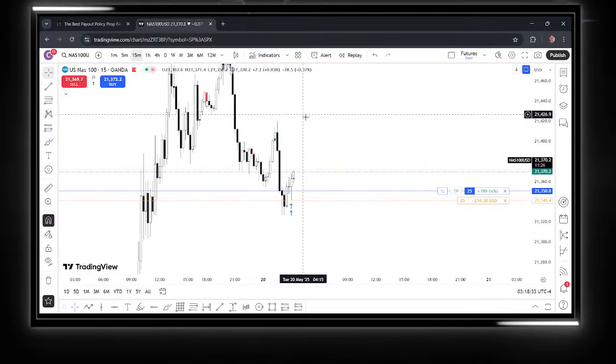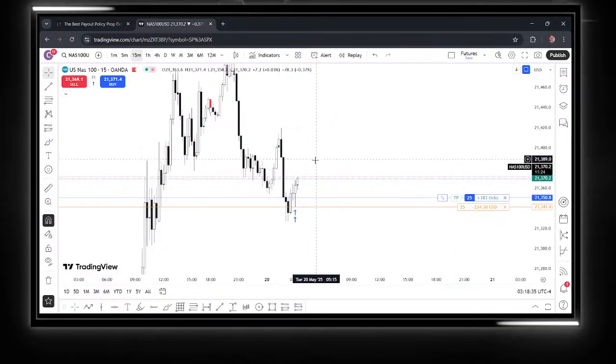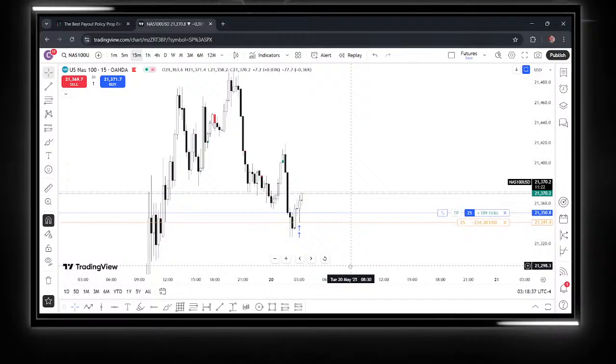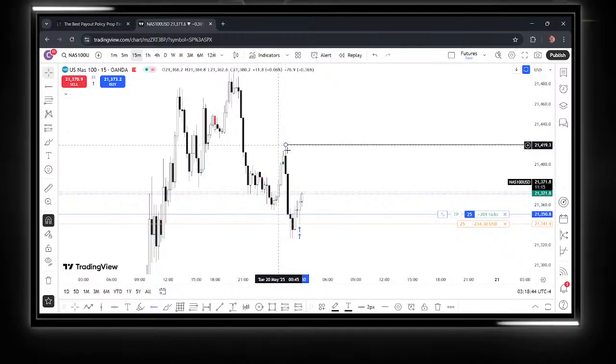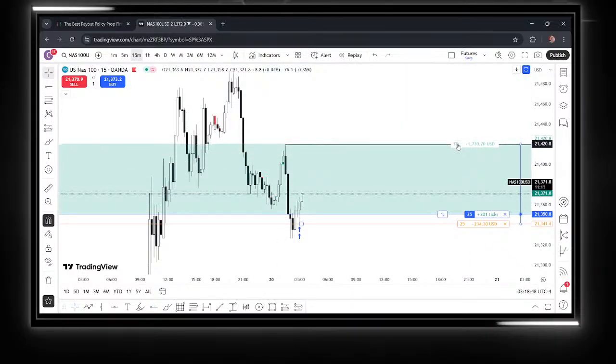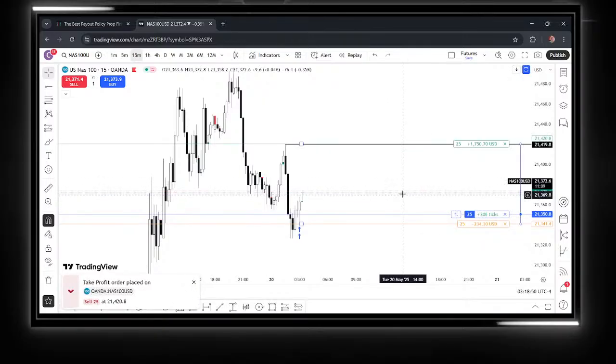We are looking forward to price actually trading above this high here. So at least to this high, right around there. If we can have price right there, then that would be a good target.